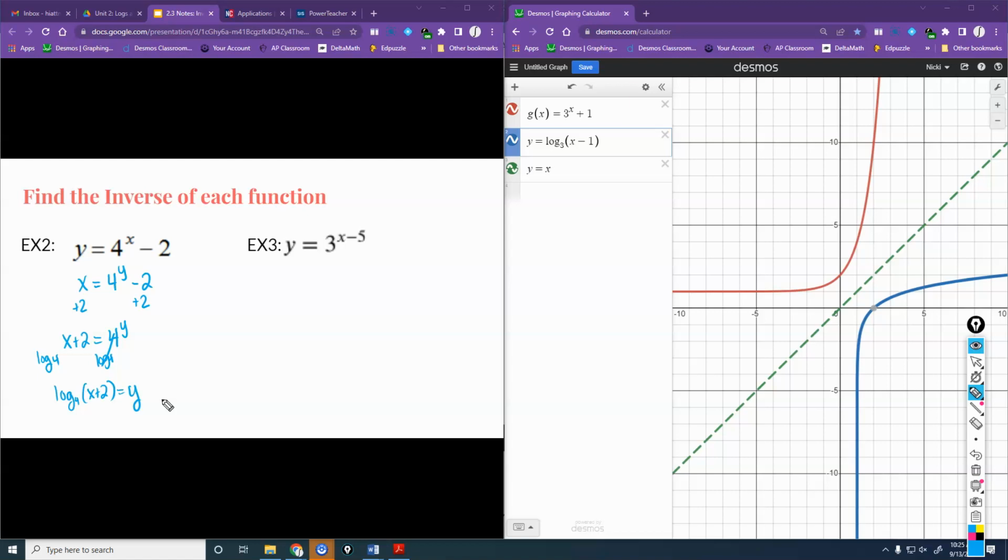All right. So now we've got to cut it up.